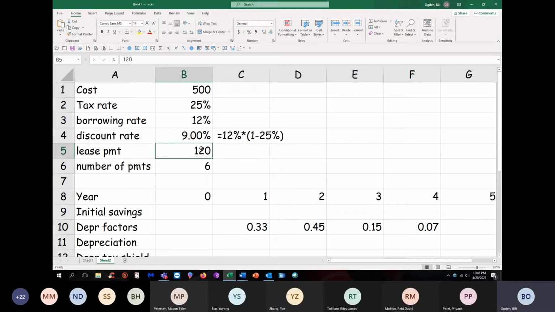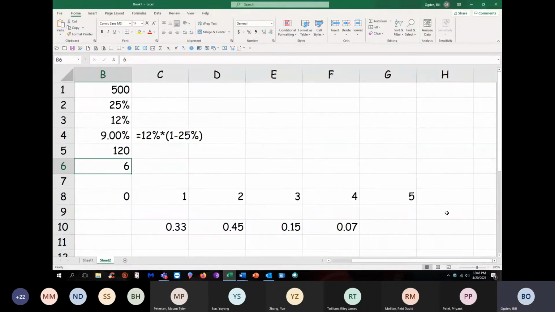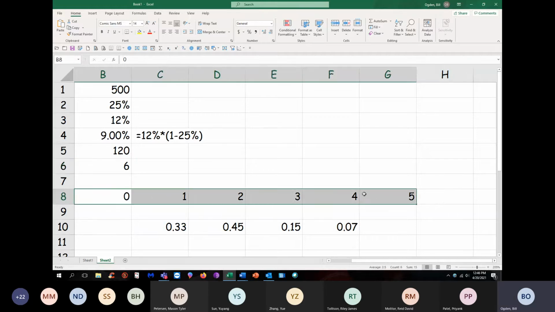We have a $120 payment. We have 6 payments. Oh, hang on a minute. We've already put a 6 here, right? Oh, not at all. Why? Because the payments are made at the beginning of the period.